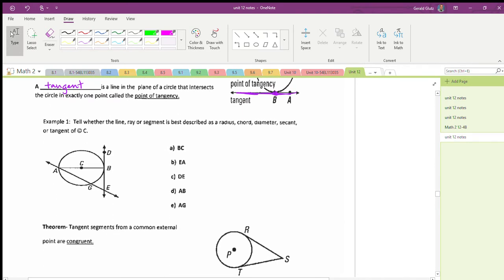So in example 1, we have to tell what each thing they give us is. They start with BC. So BC right here, that would be a radius. EA, that's this line right here, so that's a secant.